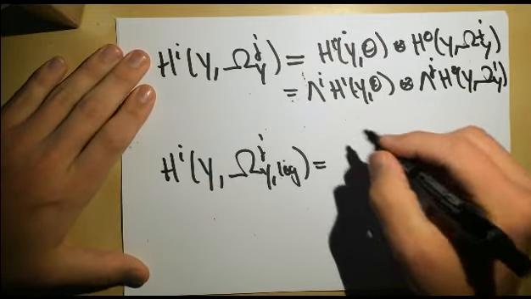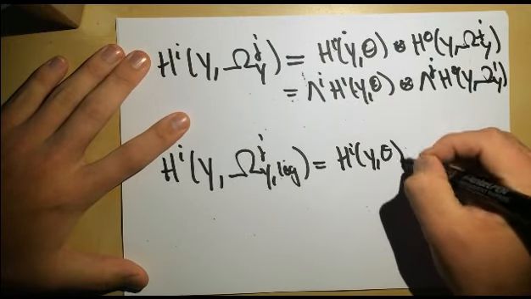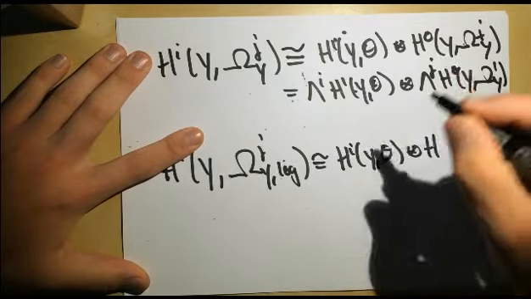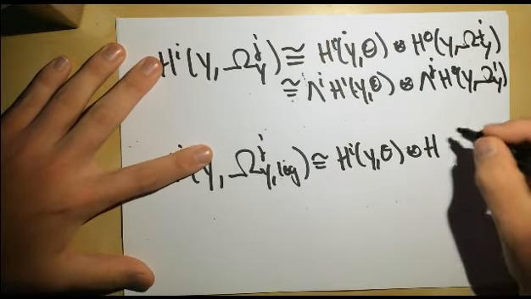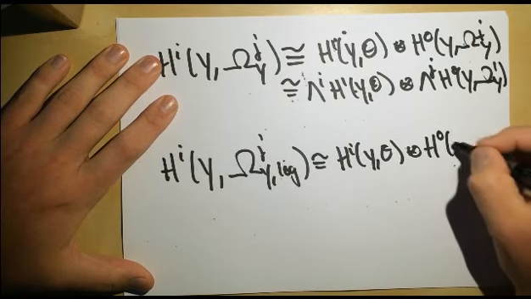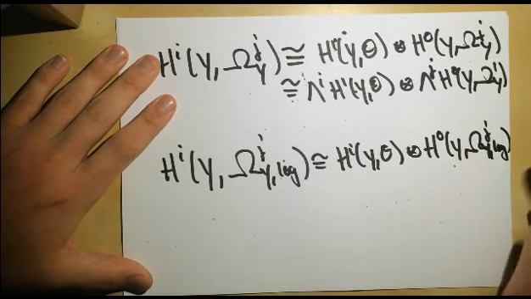So here we have H^i(Y, O), so I should probably put isomorphisms here, H^0(Y, Ω^j_Y log), like so.